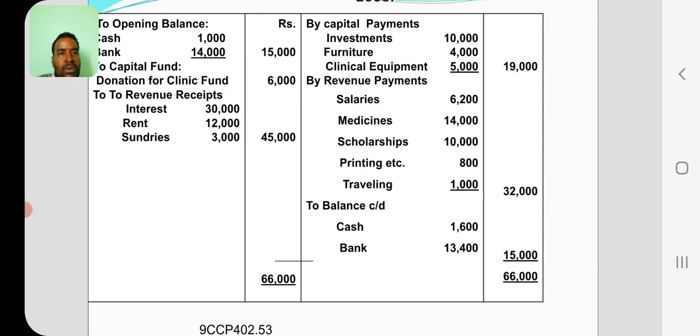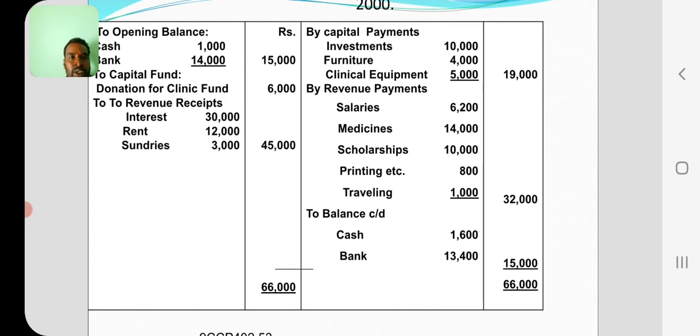Coming to the credit side, as we know, the receipts and payments account takes all revenue and capital items. Capital payments: investments 10,000, furniture 4,000, clinical equipment, total is 19,000.